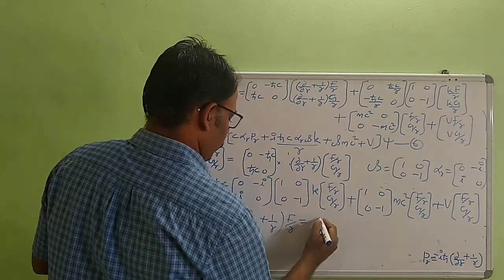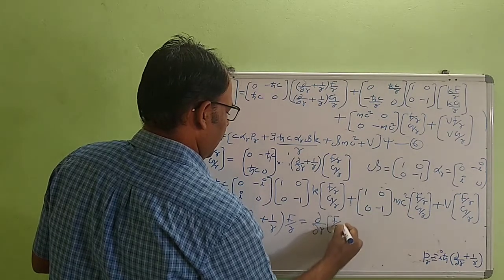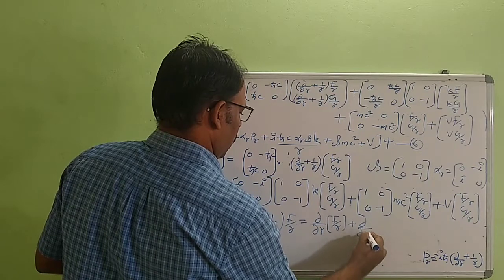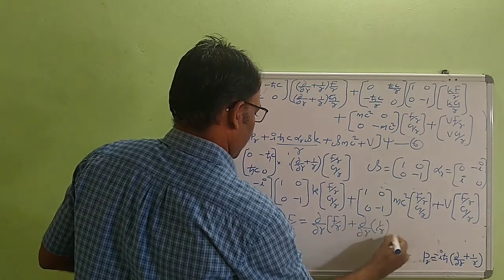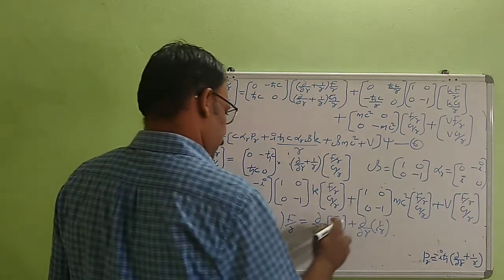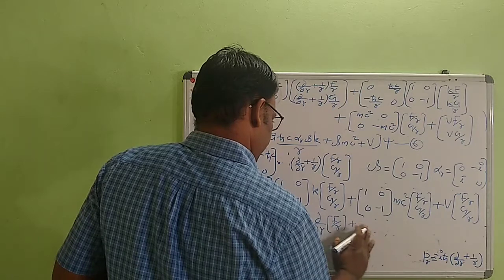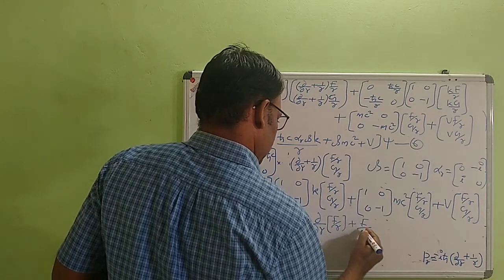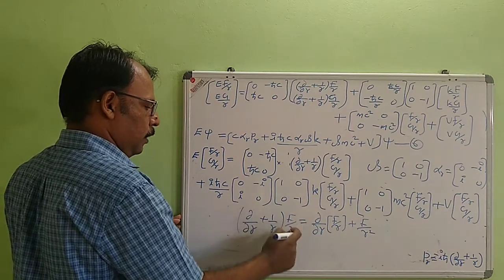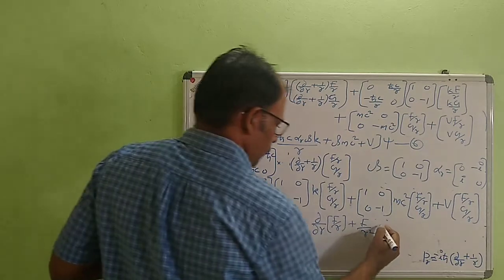Separating into two terms, we will be having dou by dou r of f by r plus dou by dou r of 1 by r, into f by r. That is f by r square. So this is dou by dou r of f by r plus 1 by r into f by r is f by r square.